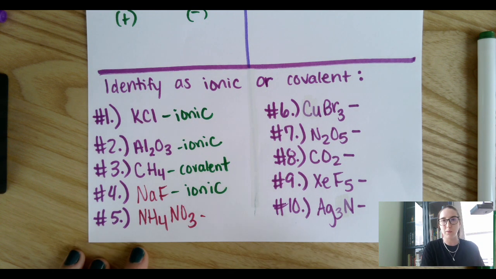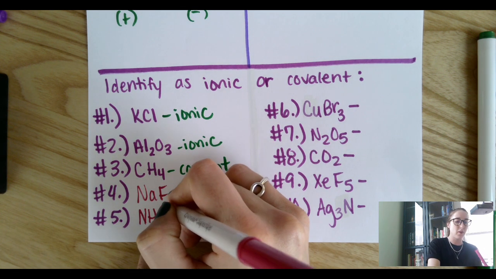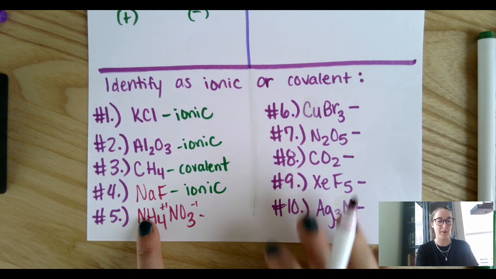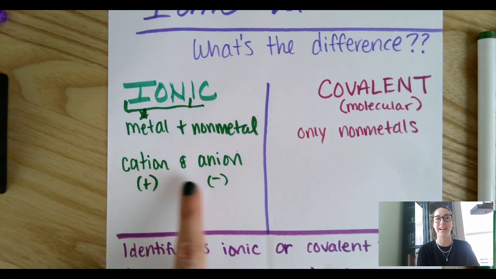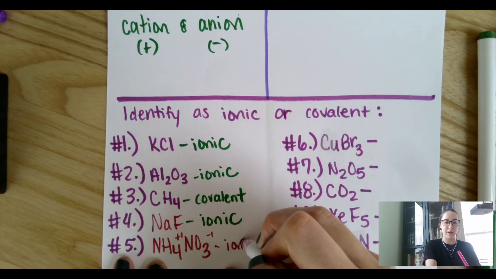NH4 is ammonium. You either need to have these polyatomics memorized or you're given them on a formula page attached to your periodic table. NH4 has a positive charge, nitrate has a negative charge. I have charges happening, which means I have ions, which means I have a cation and an anion, and so this is going to be an ionic bond, okay?